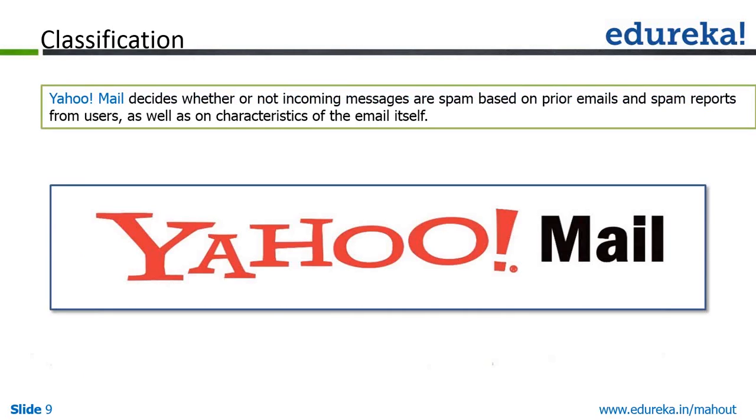For incoming mails, based on the previous email histories, who is sending the mail, what the subject line is, and what the body is, the system can identify whether to put this email as spam or as a regular email. That's how the system will classify that this particular incoming email is a spam or a simple email.